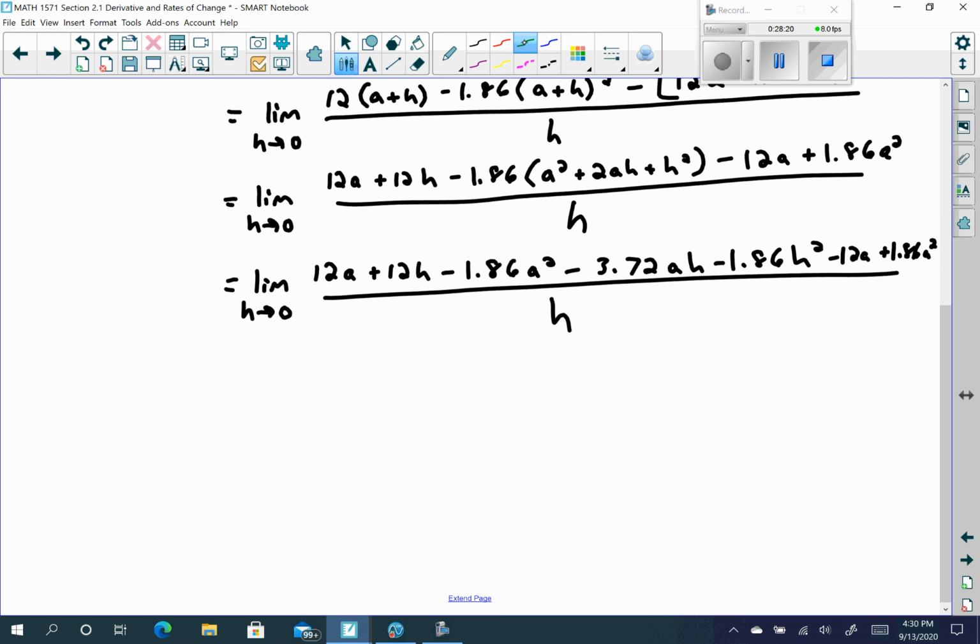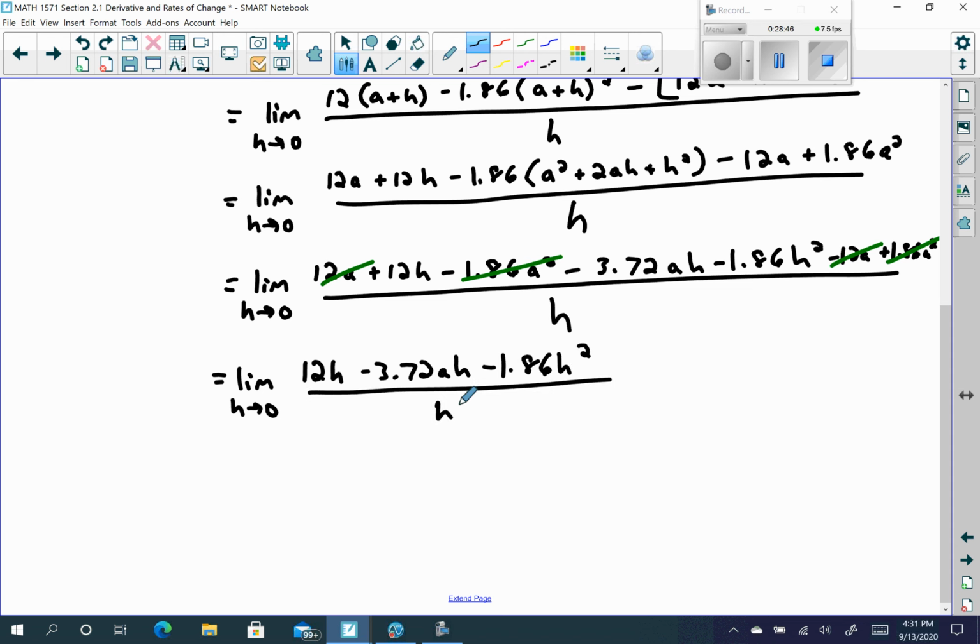Things should start to cancel now. If you notice 1.86 a squared here with a negative 1.86 a squared there, minus 12a plus 12a, and that looks like it's it. So we get the limit as h approaches 0 of 12h minus 3.72ah minus 1.86 h squared all over h.